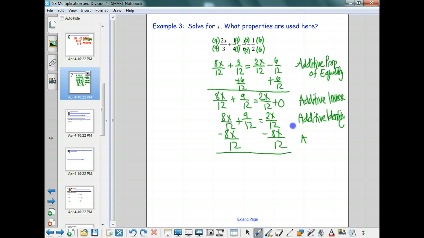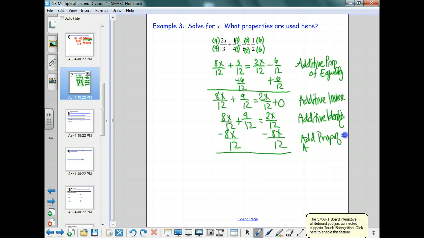This is the additive property of equality. And this is the additive inverse. And we're going to have the additive identity as well by the time that 0 goes away. So that the left-hand side will simply become 9/12.